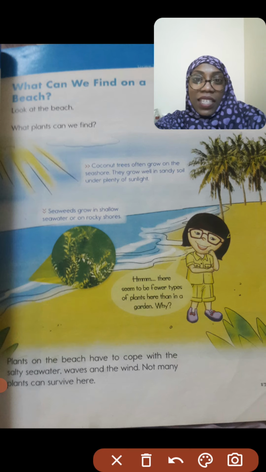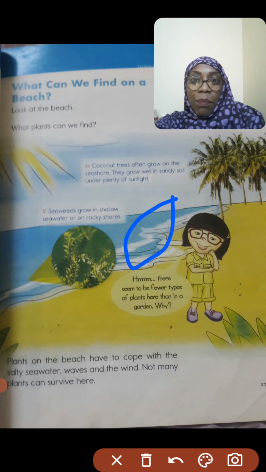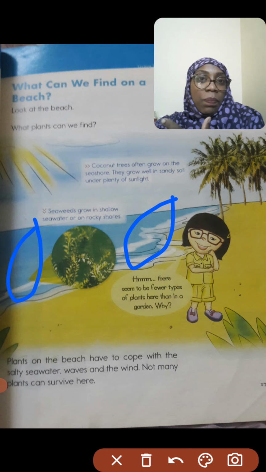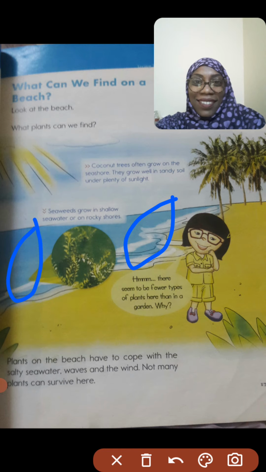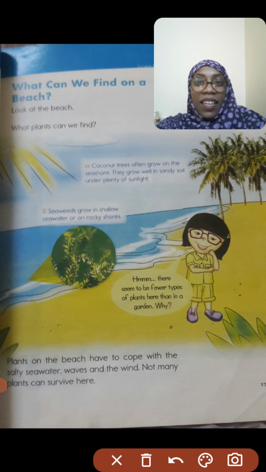So this is the sea, this blue water body. It is a big place that has water, and it is salty water. The water of the sea is salty, or has salt. Salt.